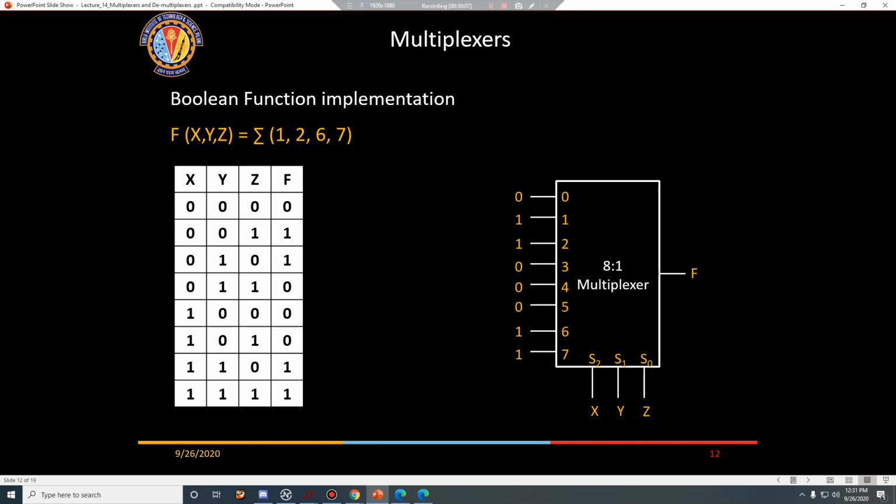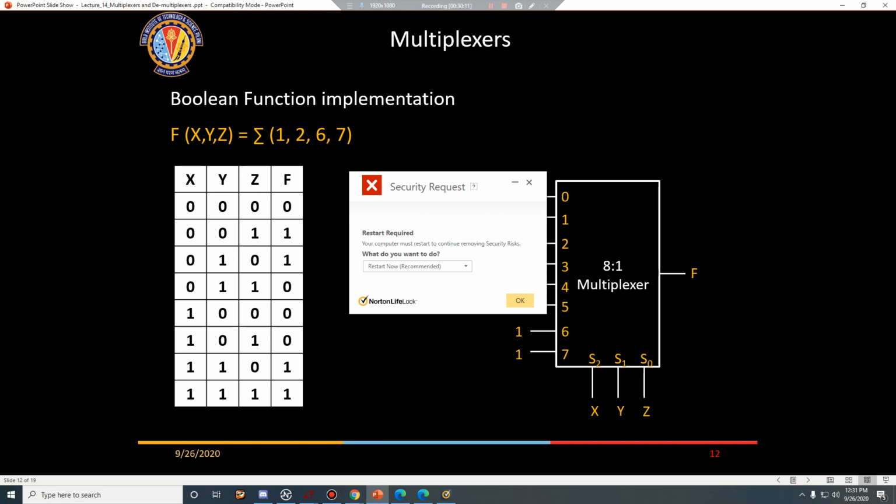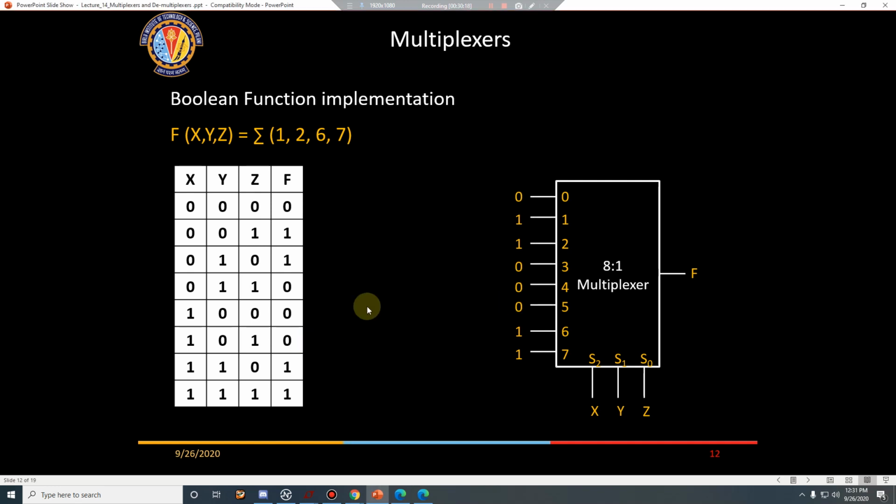Sir, I have a doubt. Here we have X, Y, Z as 3 select lines. How do we know that we have to put 0 0 0 in all 3 to get the 0 for input 0? How do we know that the binary number X, Y, Z is the one whose input will come to the output?